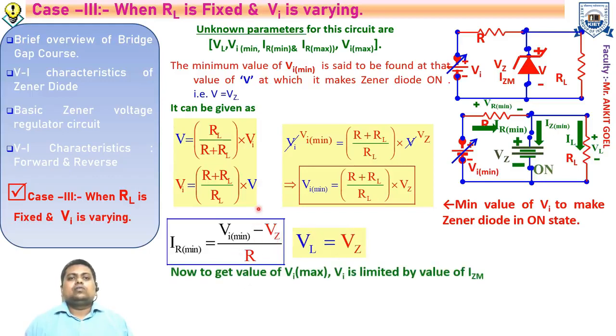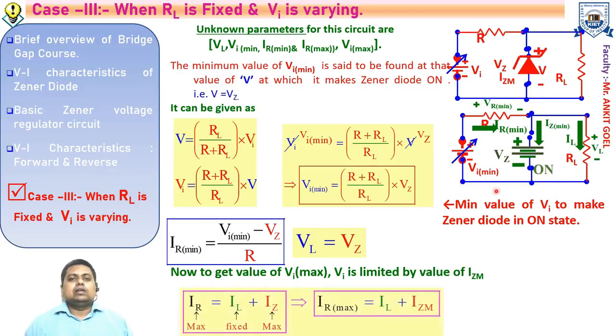Now to get the maximum value of the input voltage Vi maximum, the current is limited by the maximum value of the Zener current, right? In terms of the resistance, we just apply the KVL equation, and the current equation we have is IR is equal to IL plus IZ. Since the load resistance is fixed, and the voltage across the load resistance is also fixed, the IL is also going to be fixed.